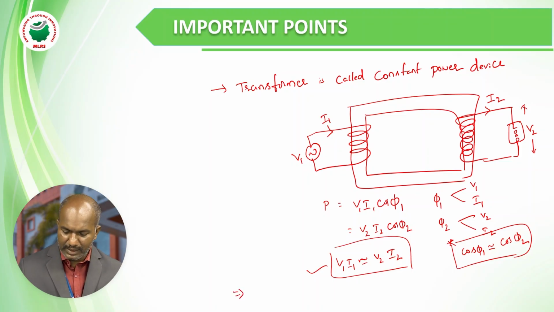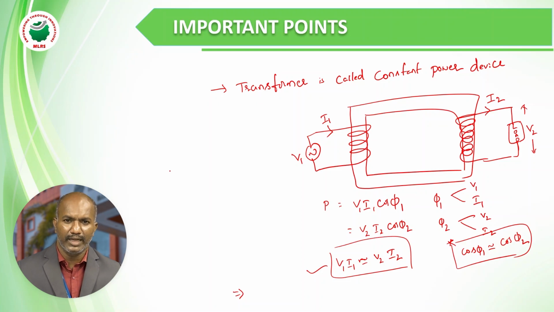In the definition, I told you a transformer is a static device. Static device means this transformer does not have any rotating parts, no moving parts. In other machines, like DC machines, induction generators, induction motors, synchronous machines, there are moving parts, that is rotating parts. So there are losses due to that rotation also.